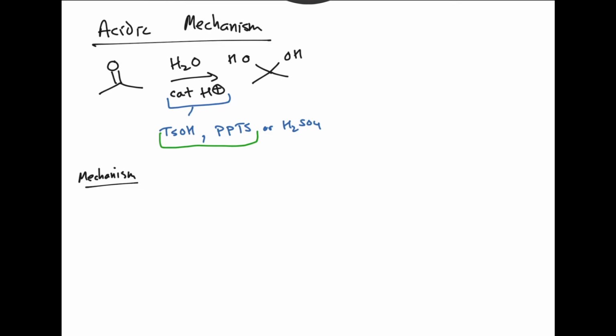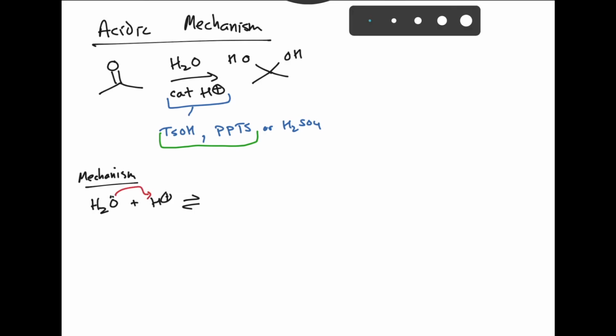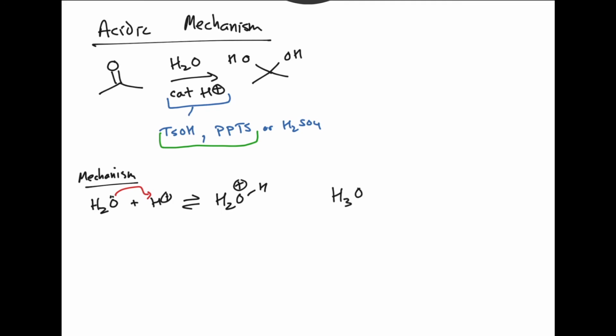So the first step is your water is going to react with your acid, to protonate your water. This is just H3O plus. So you're making your H3O plus in the first step.